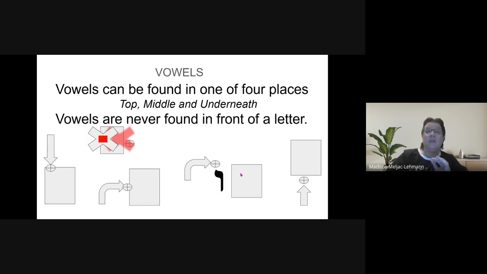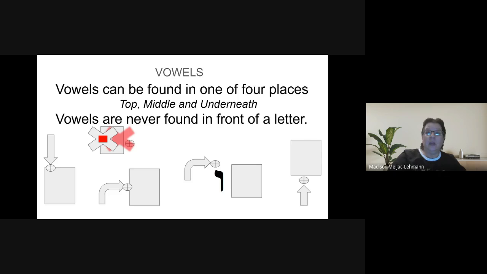Because there has to be, except for the end of the word, some kind of vowel with every single letter. Does everyone understand that? There's never, except for at the end of the word, any standalone vowels.